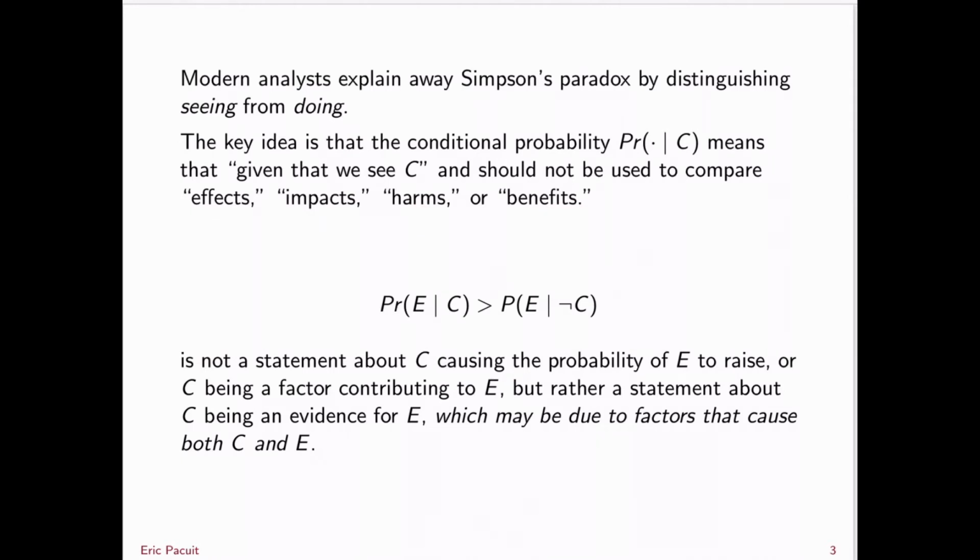So, in other words, the probability of E given C is greater than the probability of E given not C. This is not a statement about C causing the probability of E to rise, or about C being a factor contributing to E, but rather it's a statement about C being evidence for E. And this may be due to factors that cause both C and E.